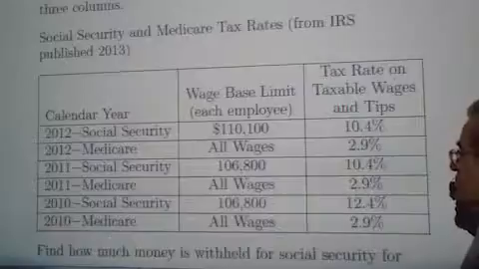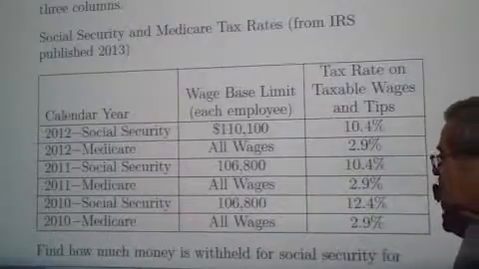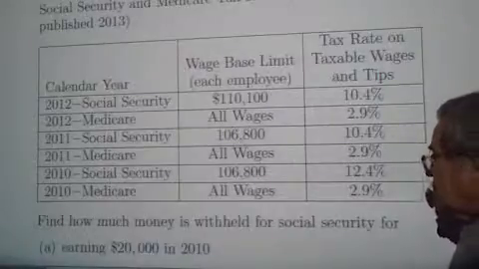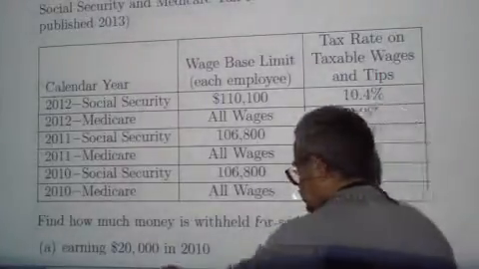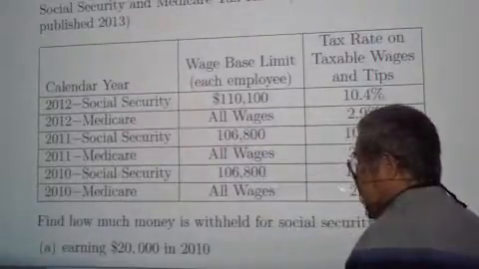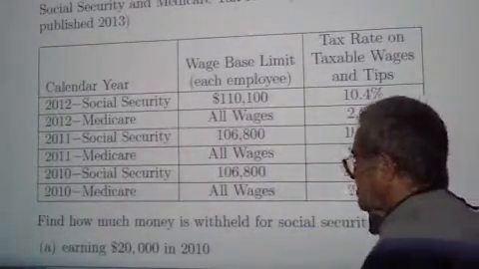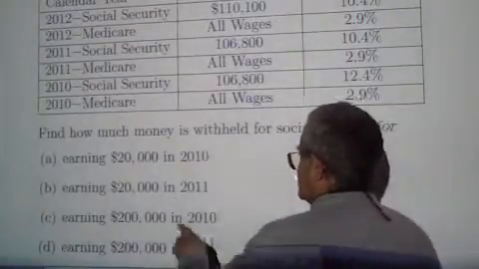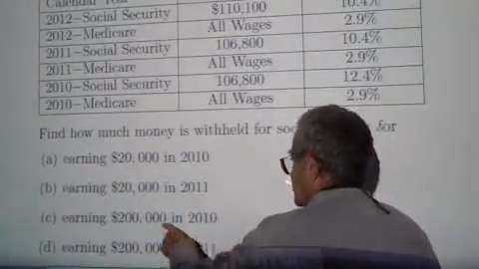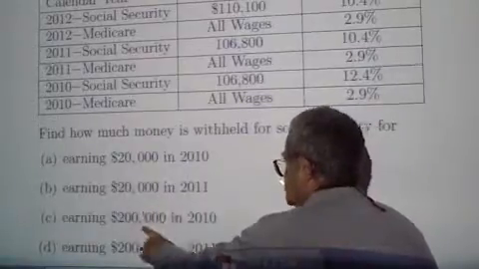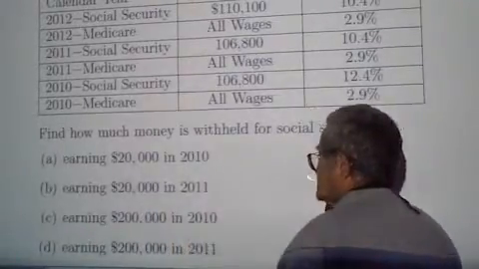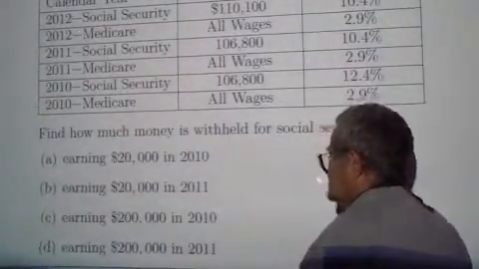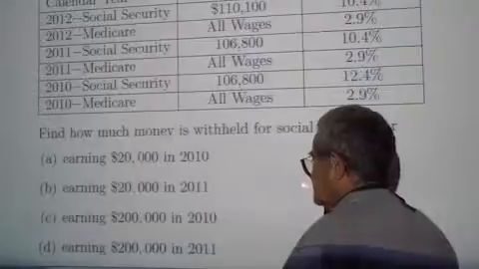Now the question, making use of that table, find how much money is withheld for Social Security for a person earning $20,000 in the year 2010, and then a person earning $20,000 in the year 2011, and a person earning $200,000 in the year 2010 now in C. So in A it was 20,000, in B it was 200,000.